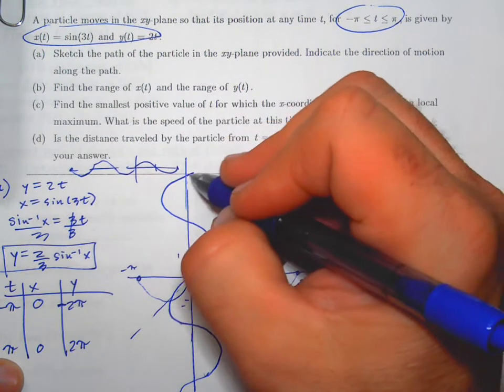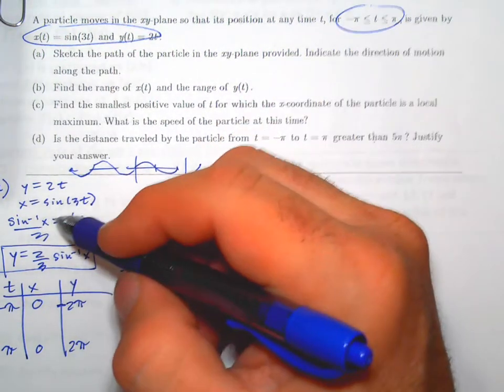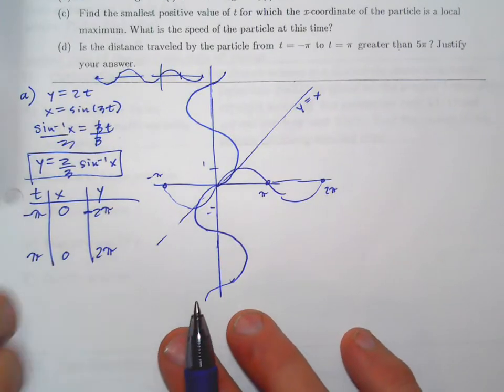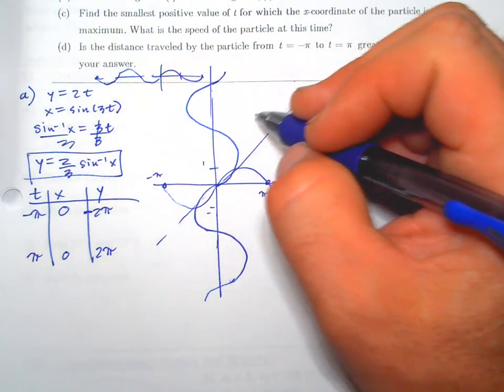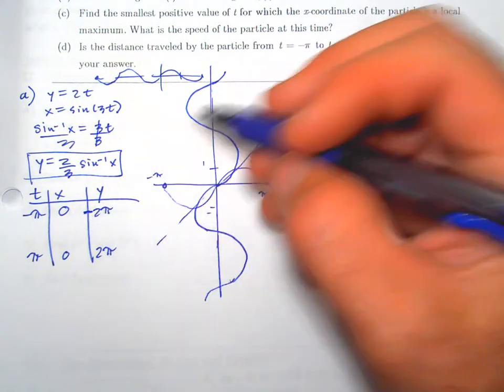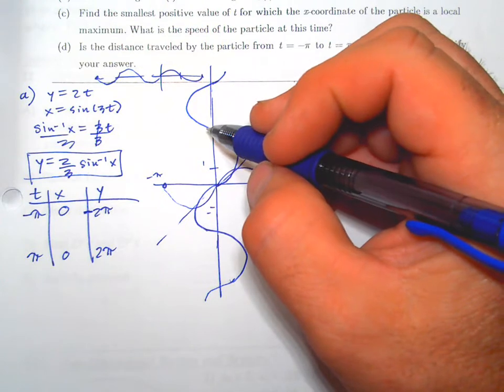Now, we introduced the inverse sine, so it's not necessarily principal values like we've always thought of on these inverse curves. We're going to go from negative 2 pi.